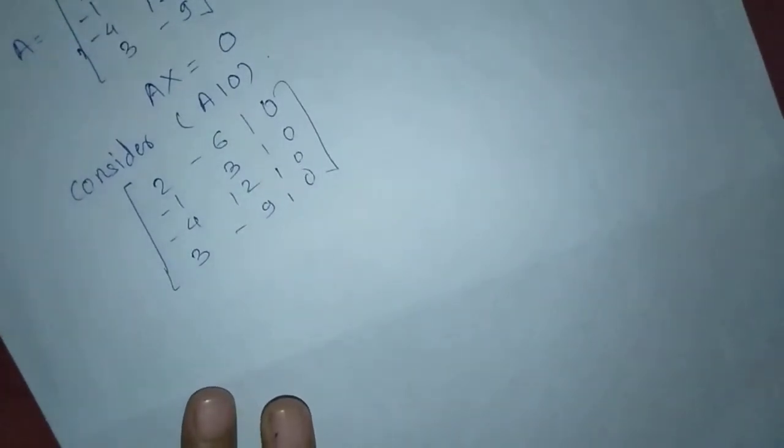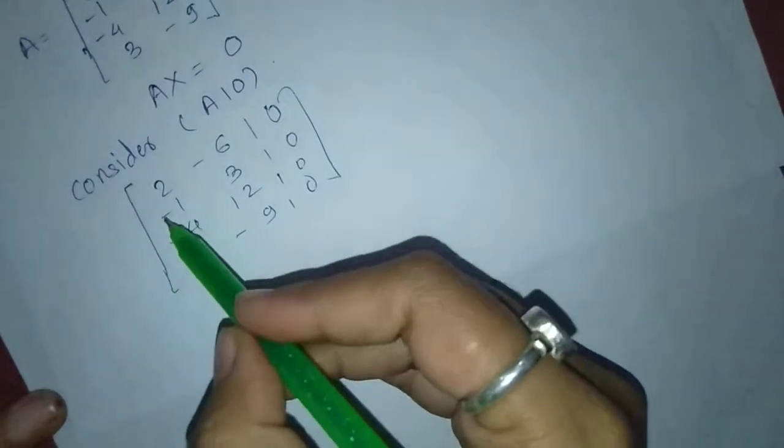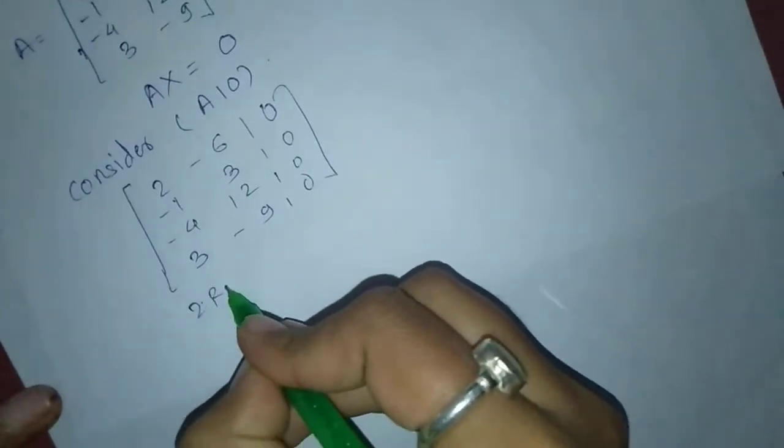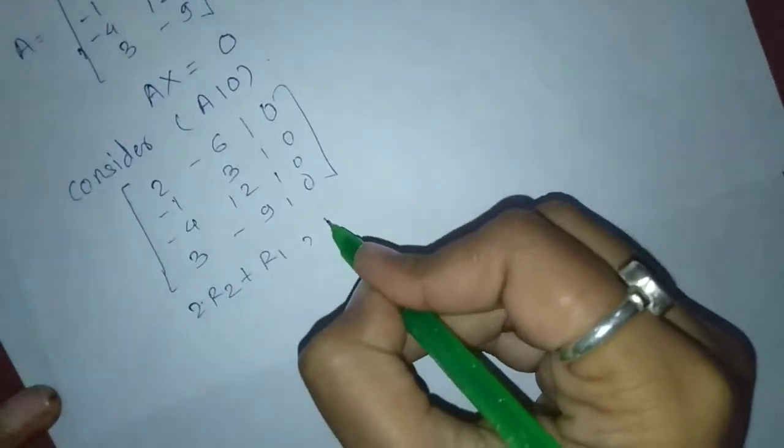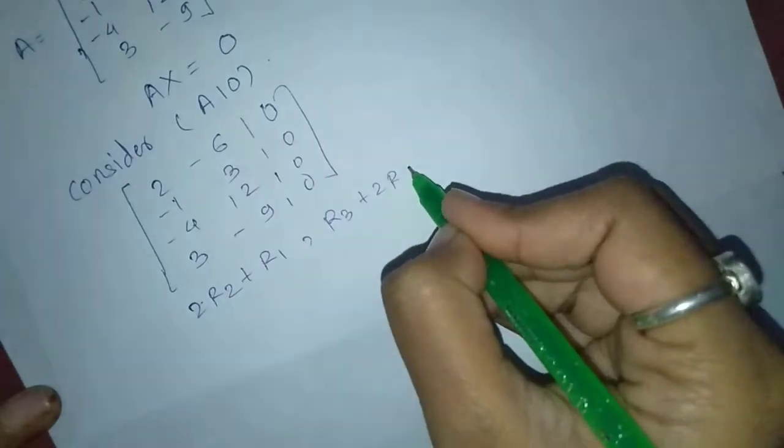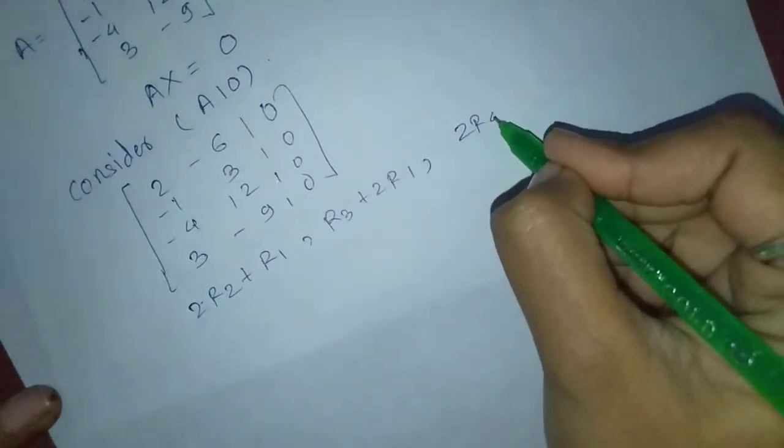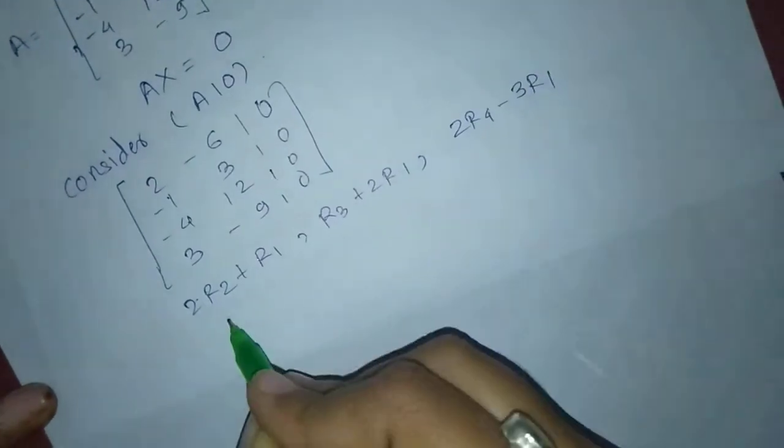Now convert it into row echelon form by applying suitable row operations. First, to convert the entries below the first pivot into 0, apply 2R2 plus R1, R3 plus 2R1, 2R4 minus 3R1.